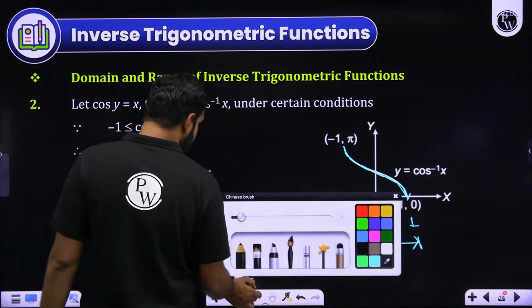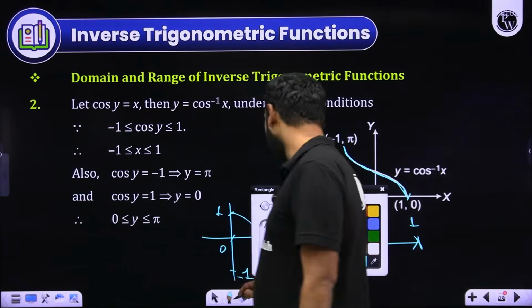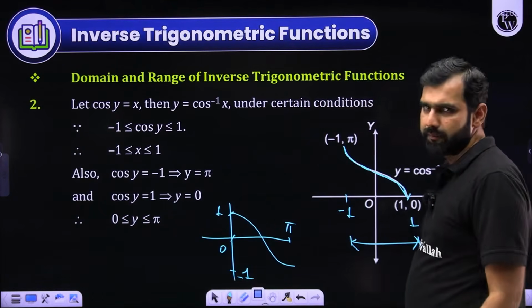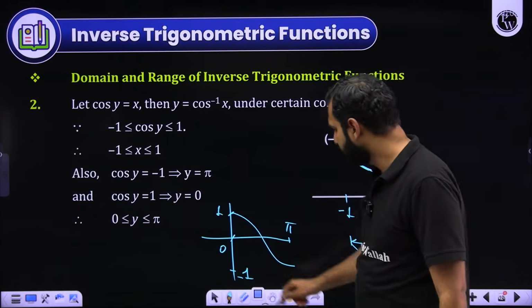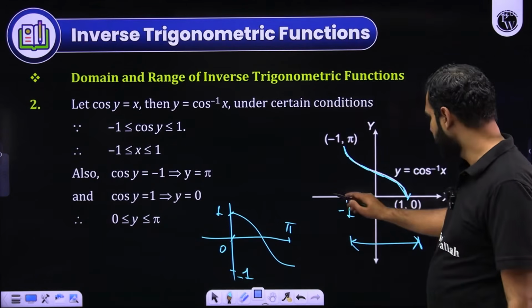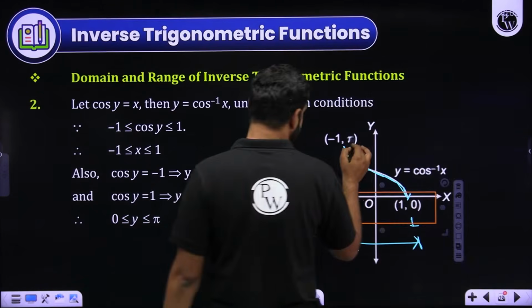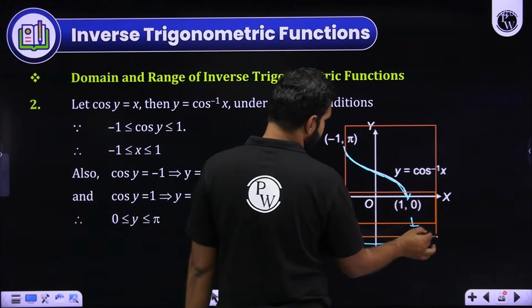For example, if I could define its domain, its range, they are very simple, because the domain still is from -1 to 1 only. That is not a problem. But its range is from 0 to pi. I hope you can see it very clearly here.